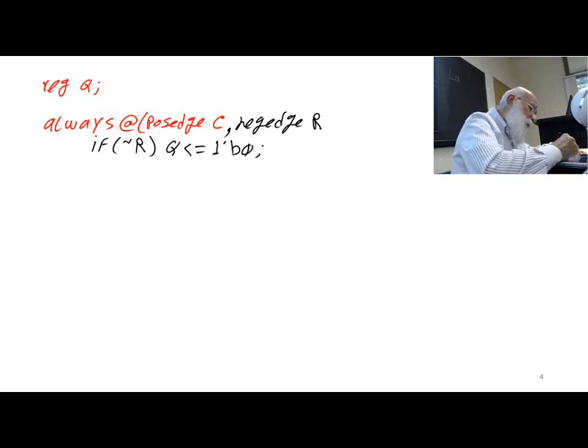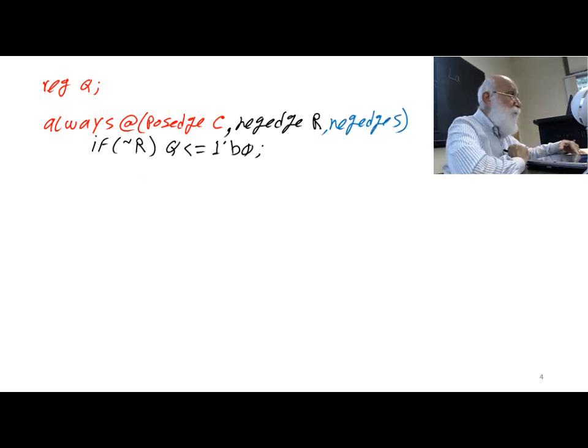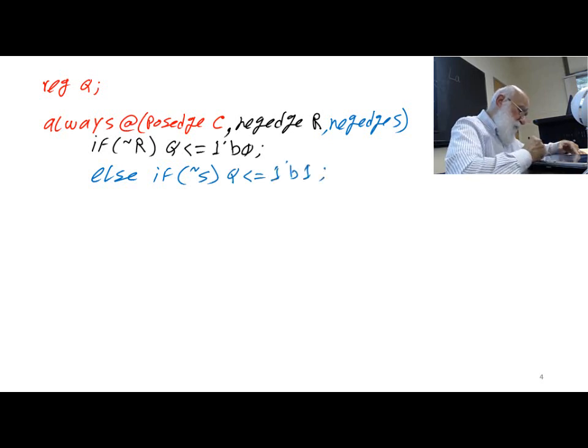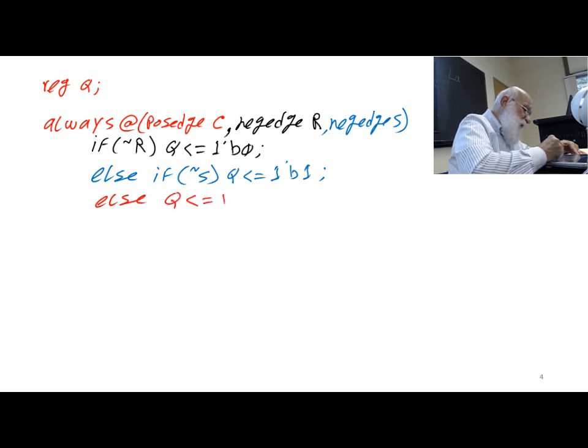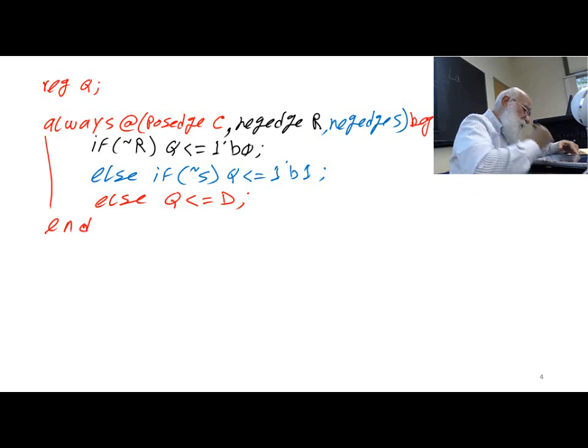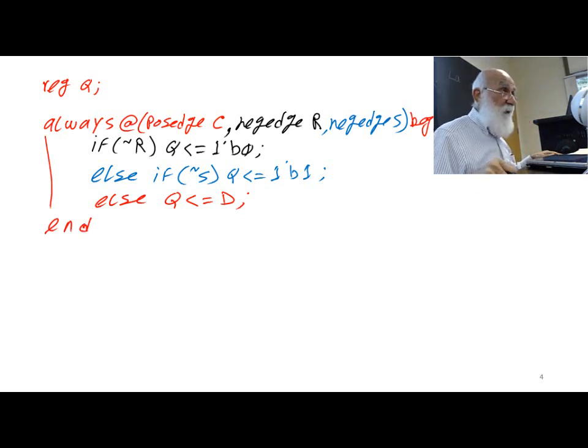Then we're going to do this negedge set, else if active low set, Q gets 1'b1, and then you put this statement that I erased, which is Q gets D. I don't need an end, but if you do a begin end, this is how it works.